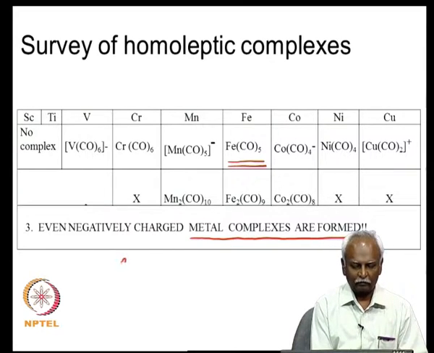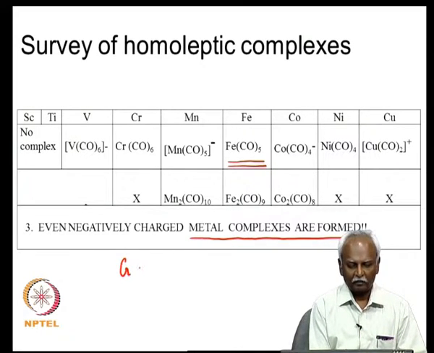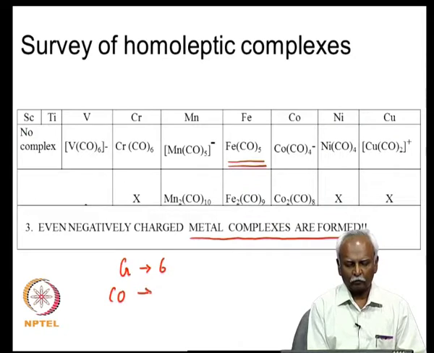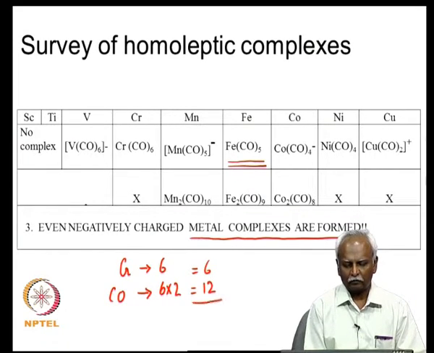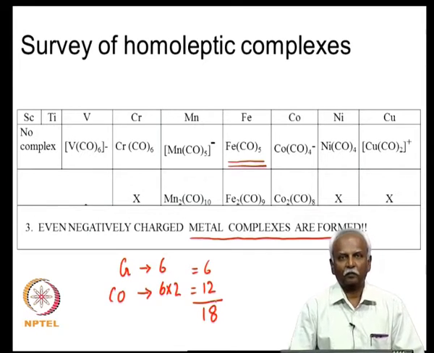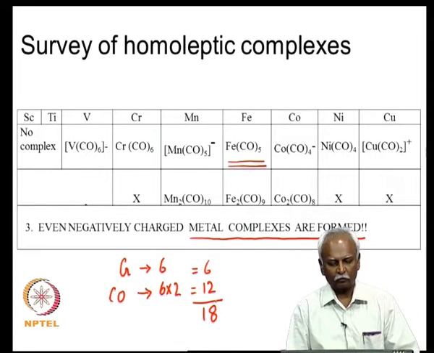Chromium, for example, we have just noted, has got a total of 6 valence electrons. Carbon monoxide gives 2 electrons, and so 6 into 2 will also give you 12 electrons. So, 6 plus 12 gives you 18 valence electrons.